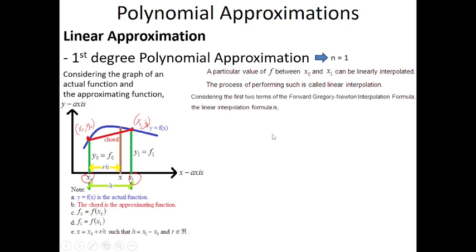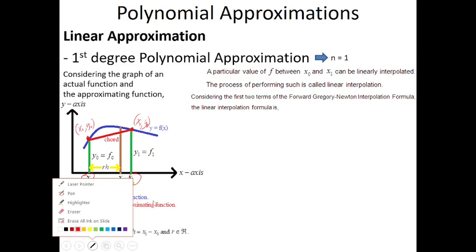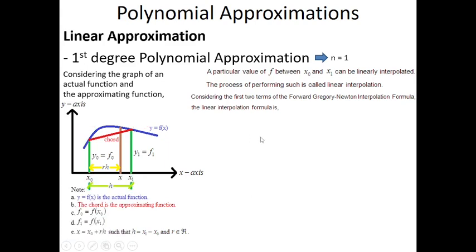Considering the first two terms of the Forward-Gregory-Newton interpolation formula, the linear interpolation formula is as follows. We know that the Forward-Gregory-Newton interpolation formula makes use of delta, which is the first differences of a function.